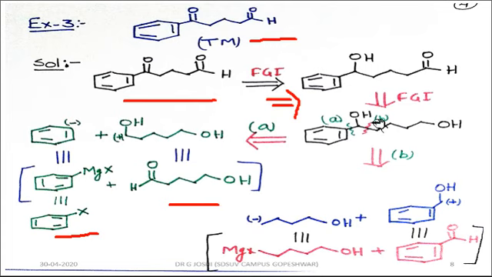By choosing path B, we'll have two synthons like these, shown in blue. The synthetic equivalent of this compound will again be a Grignard reagent, and for this compound will be benzaldehyde. This Grignard reagent we can further achieve by using the corresponding alkyl halide with magnesium.